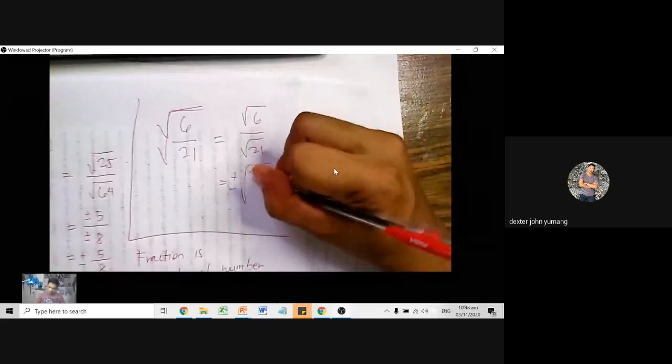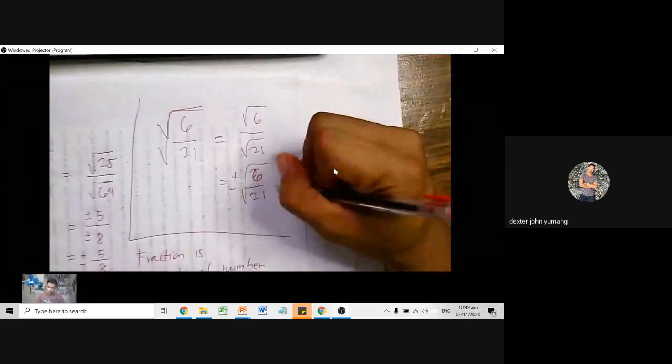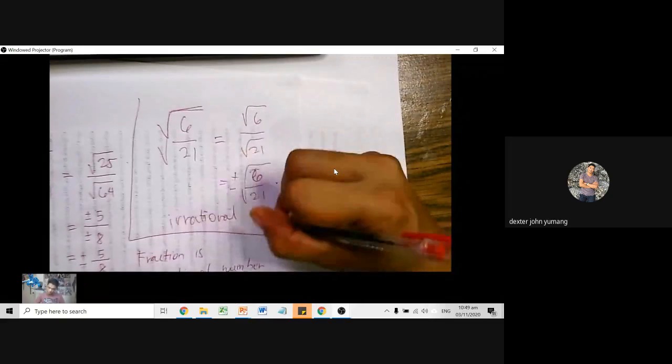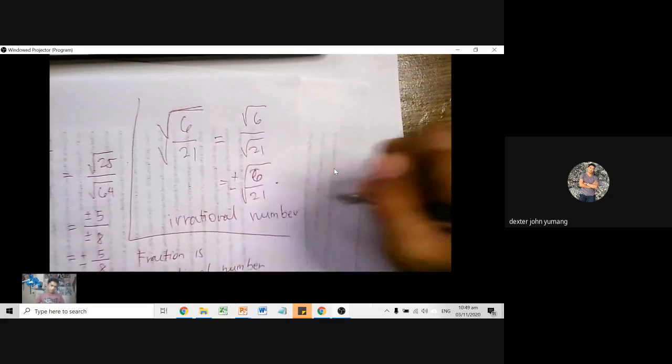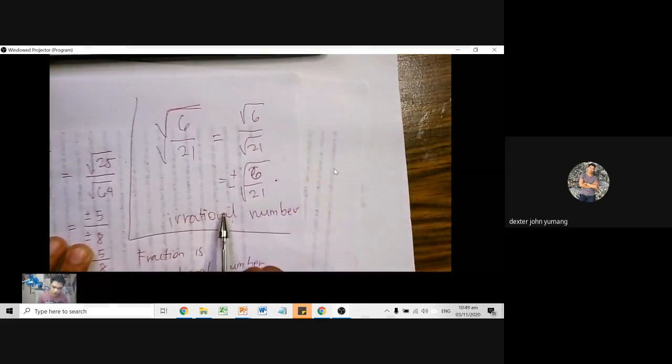So, wala siyang perfect square. So, since wala silang perfect square, that is irrational number. Yun lang po. Kapag wala po agad perfect square, sagot nyo na agad irrational. Kahit itong 6 lang, sa taas lang wala, so sagot nyo agad irrational. Is that clear?